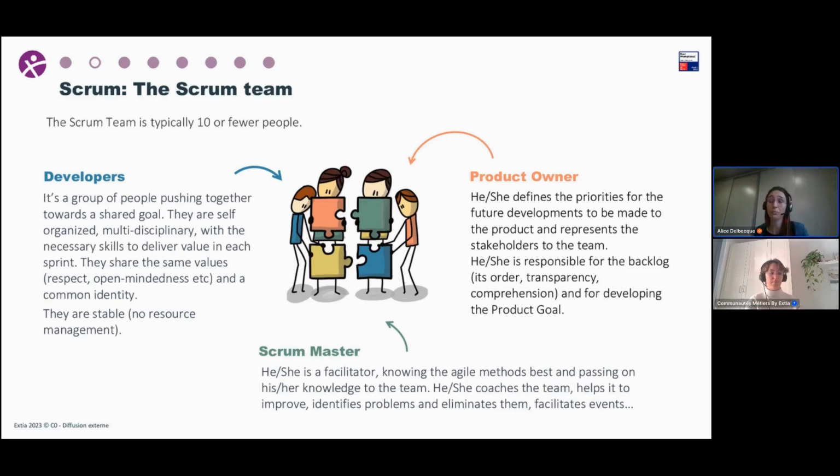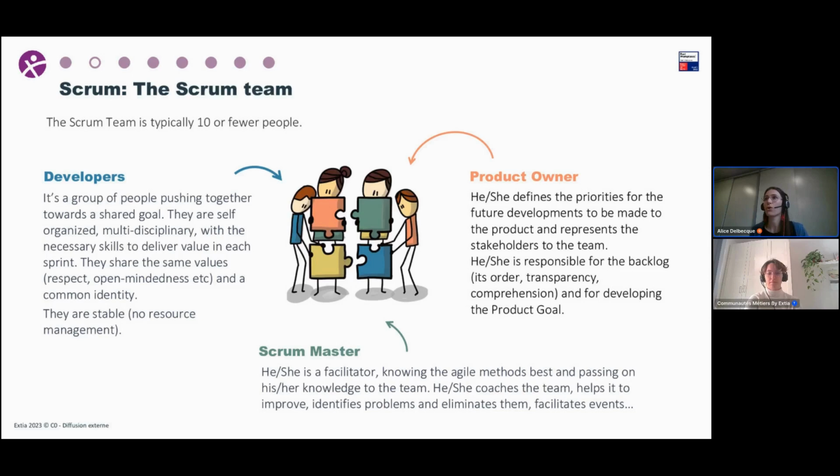So this person coaches the team, helps the team to improve, and is able to identify the problems, to identify the risks, eliminate them, etc. So if I have to summarize in a really simple way, we can say that the product owner is the person responsible for all the problems linked to the project, and the Scrum Master is the person who is responsible for the human problems. If you have an emotional conflict, for instance, it will be the Scrum Master who will try to help the team and facilitate that.